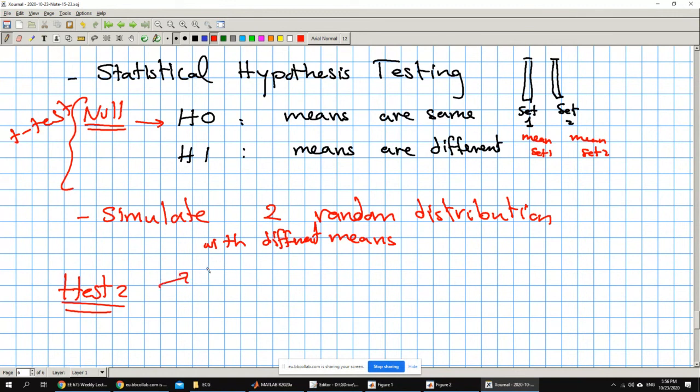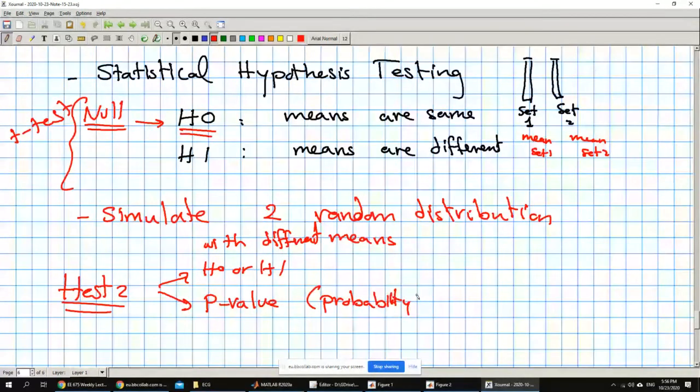It tells you whether you have H0 or H1, and it gives you what's called the p-value. The p-value is basically the probability of H0.